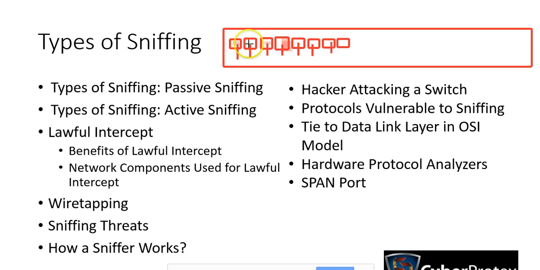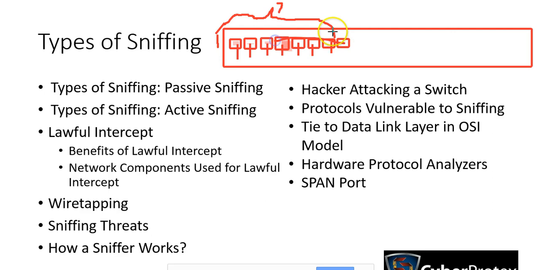So a span port allows us to set up an IDS. Let me just draw that real quick. If we set up an IDS, what we do is we take these 7 ports right here, and we tell the device to replicate all traffic to the 8th port.